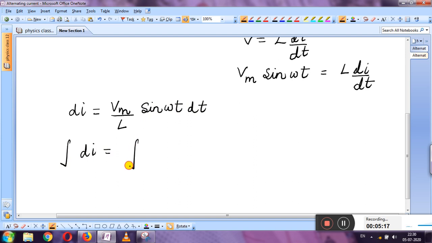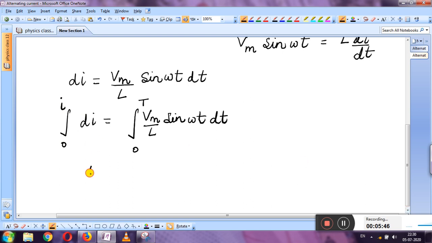Integration di will be equal to integration Vm upon L sine omega t dt. On this side the limit of time will come. For the full cycle it will be 0 to t. On this side the limit will be from 0 to I, that means from 0 to saturated current.